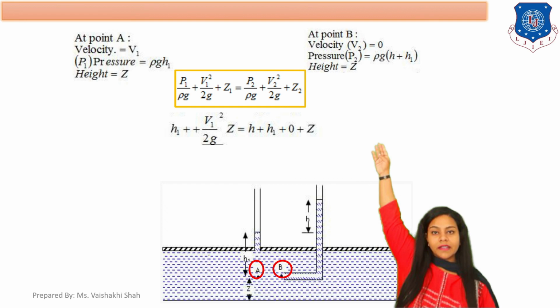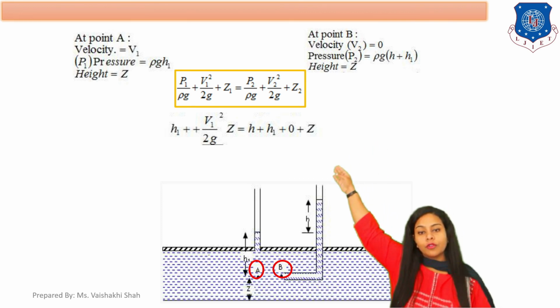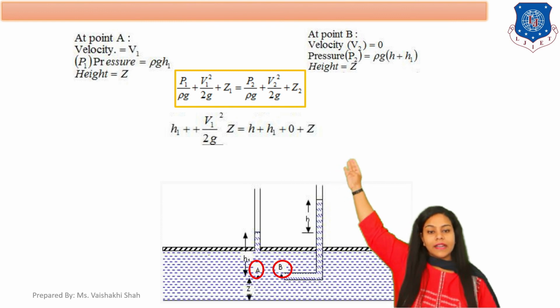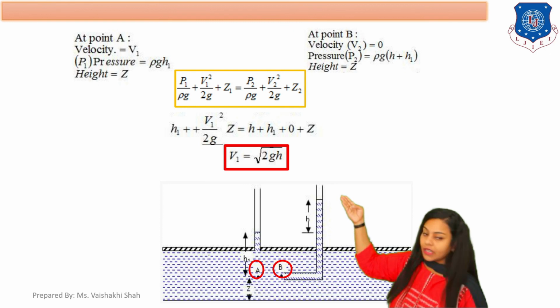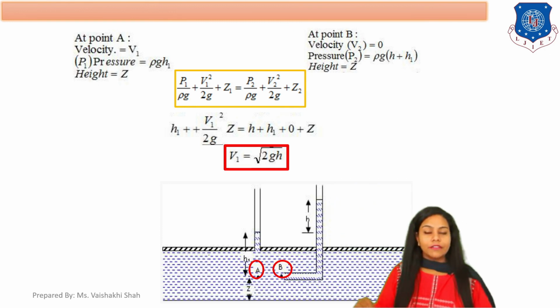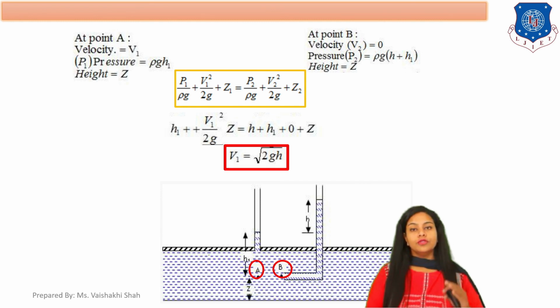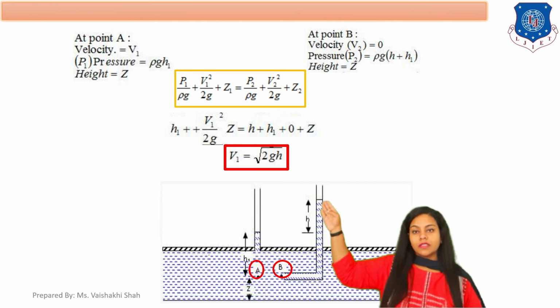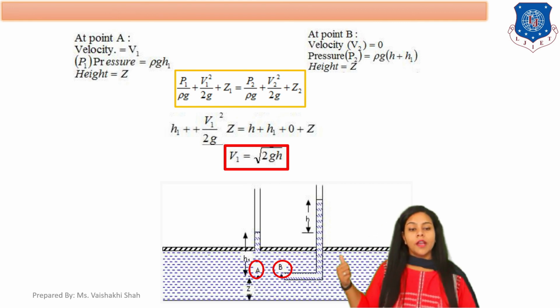Making V1 the subject, the final equation to find velocity is under root 2gh. This is the final equation to find velocity using Pitot tube.